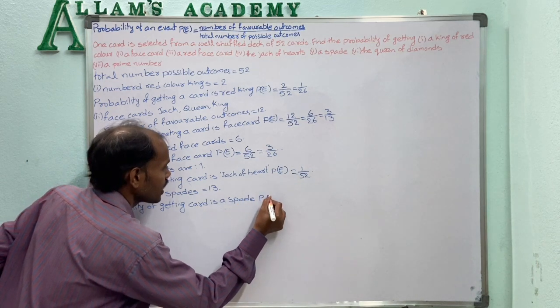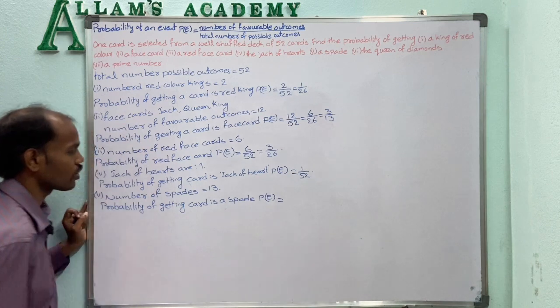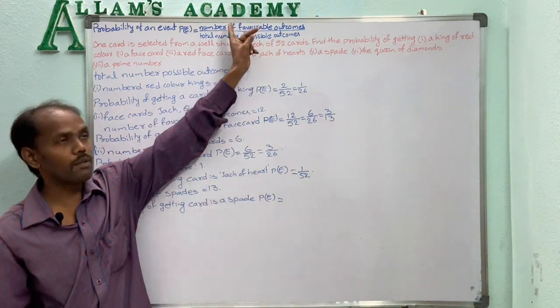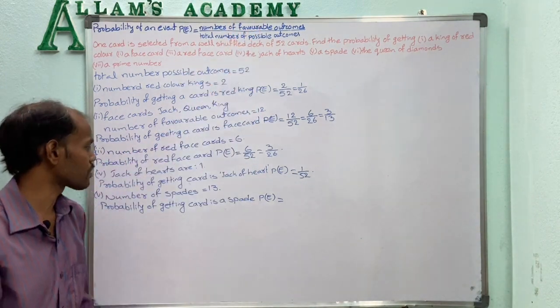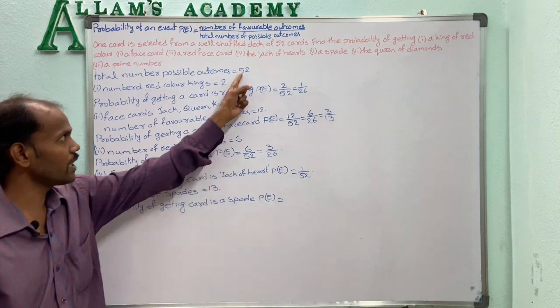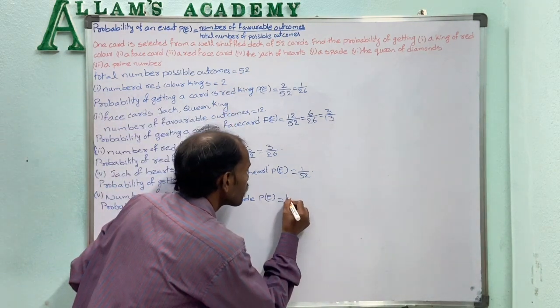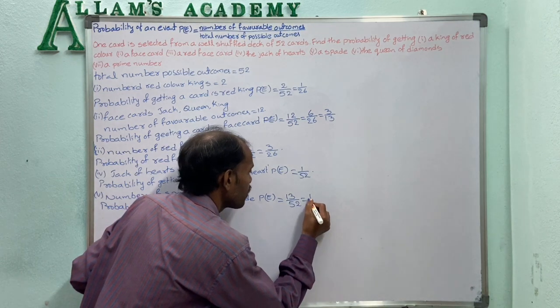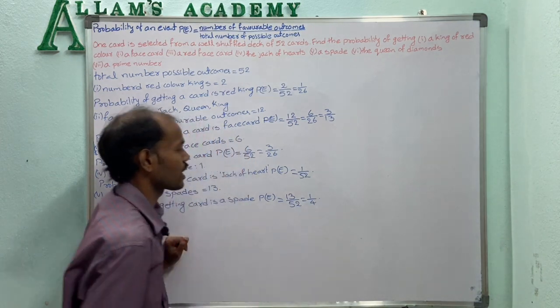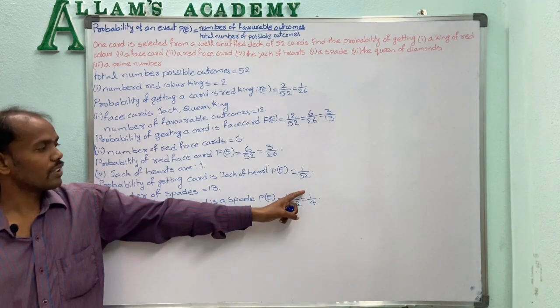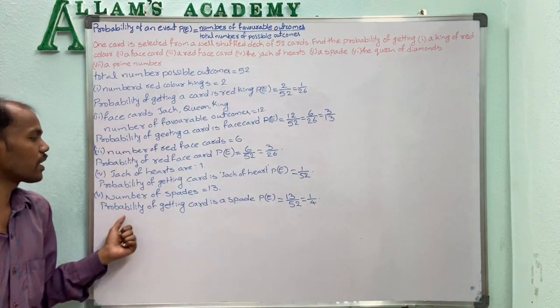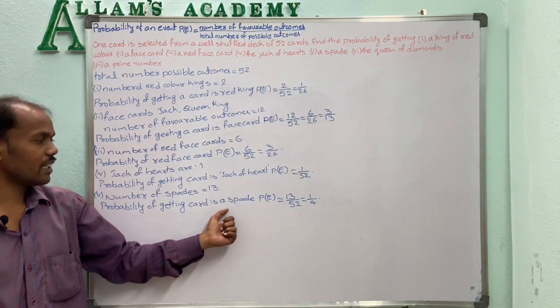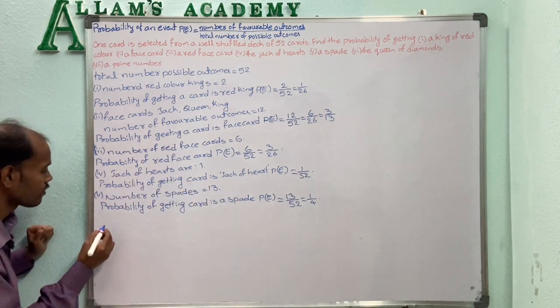P of E is equal to number of favorable outcomes by total number of possible outcomes, that is 13 by 52. The simplification of 13 by 52 is 1 by 4, which is the probability of getting a spade.